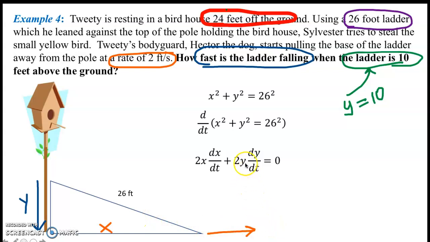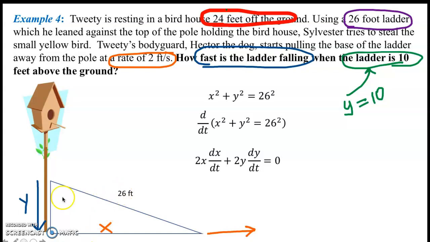So we have a value for y, we have a value for dx/dt, and we want to solve for dy/dt. That was our goal. How fast is the ladder falling? Well, we need a value for x in order to complete this expression to solve for dy/dt. So we should be able to figure it out from the information given.